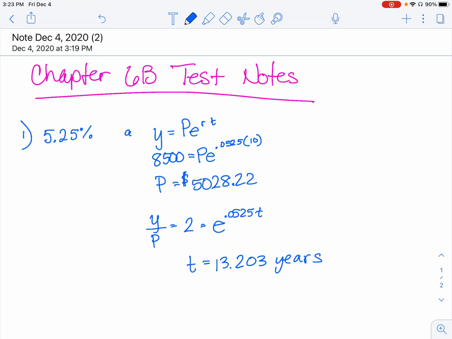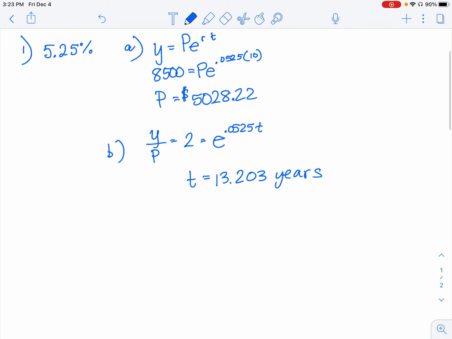So this was A, this was B, and then at what rate will the total amount be increasing when the money is doubled? So for this one, the money is doubled when t equals 13.203. Oh, at what rate will the total amount be increasing?